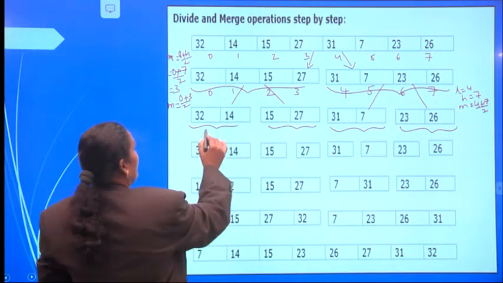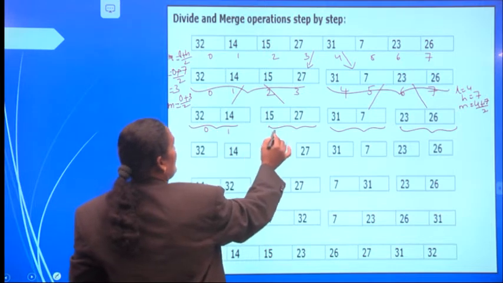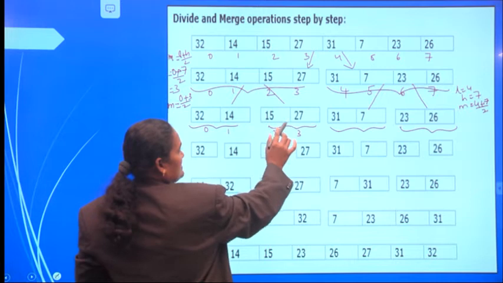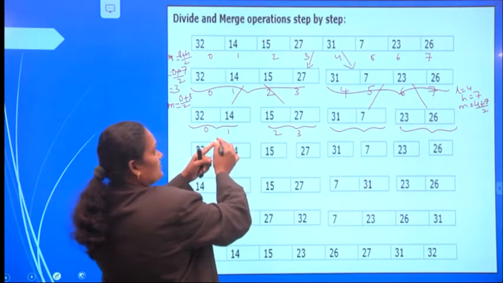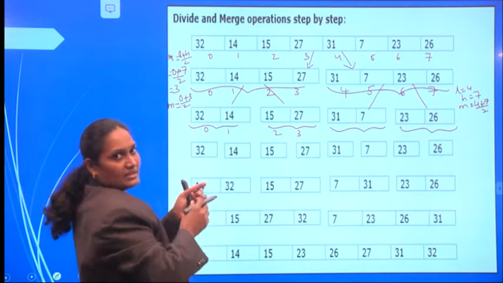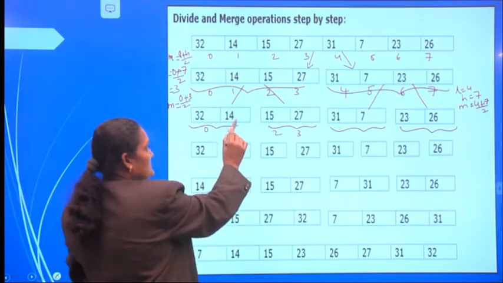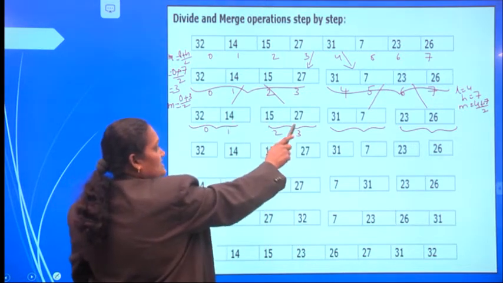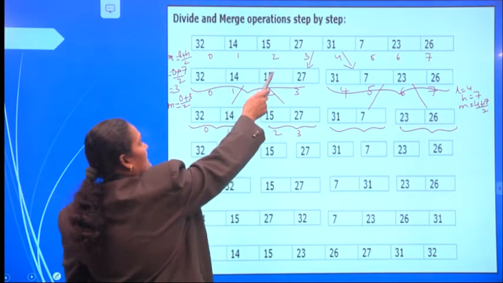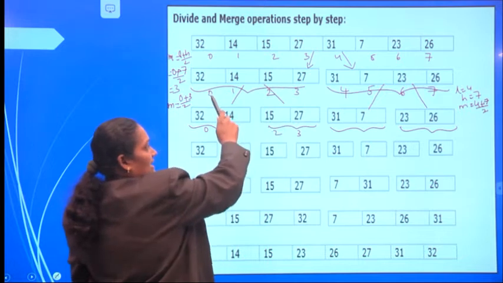Here again we need to sort this array first, then this array next. These two sorted subarrays should be merged to get the sorted subarray.